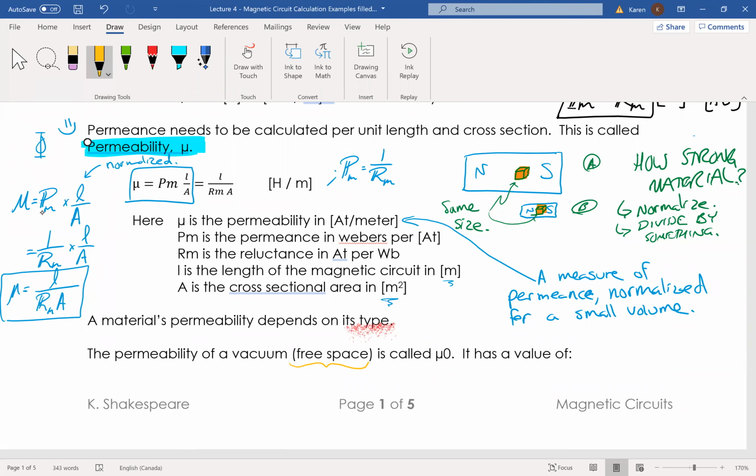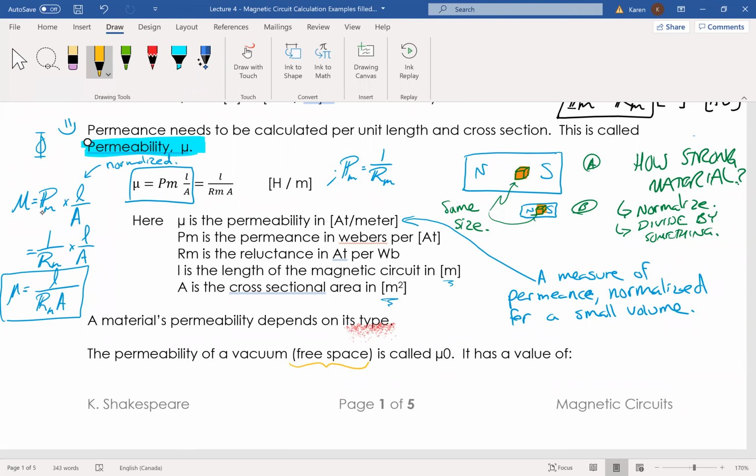So if you make a vacuum and there's no material in it at all and there's no air, then it's called free space and it has a certain permeability, the permeability of free space. You have to have this on your cheat sheet for the midterm also, the open book midterm.